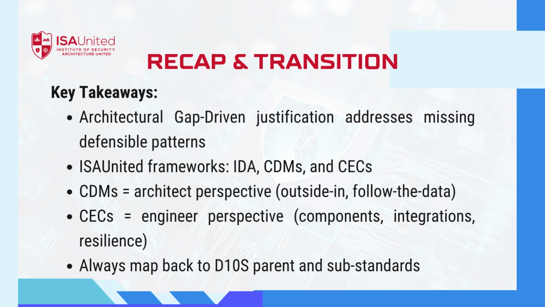For engineers, CECs reveal weaknesses at the component and systems of systems level. All findings align with the Defensible 10 standards, ensuring that controls remain consistent and defensible. Next, we'll move into Module 5, where we apply the RACI model to clarify roles, responsibilities, and continuous improvement.